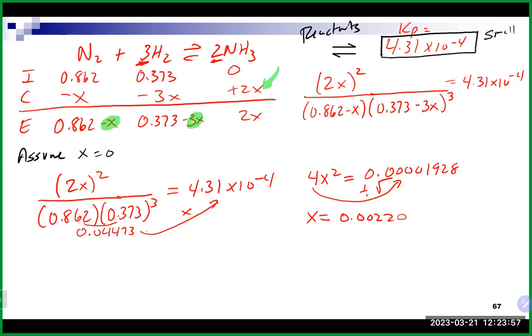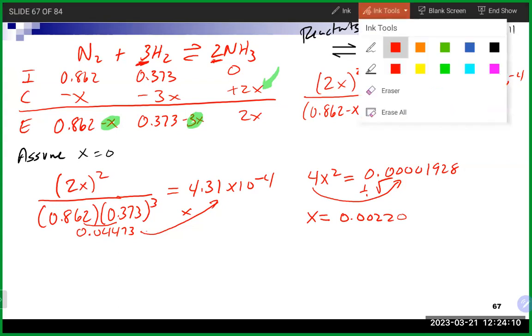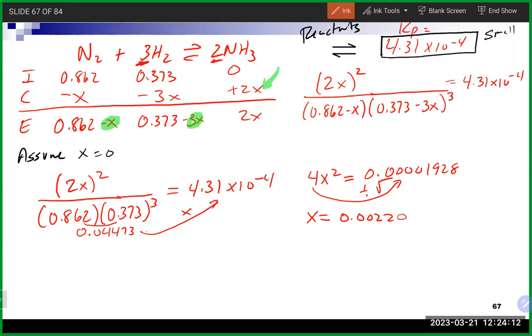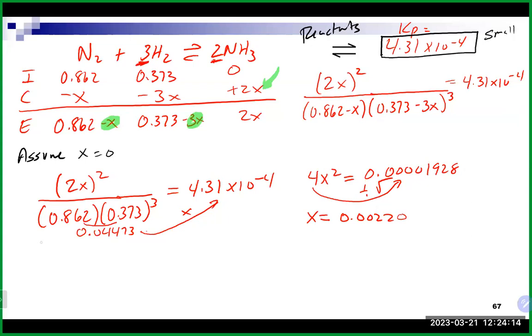Now, because we made the assumption, and whenever you make the assumption in this situation, you do need to check it. So you do need to check your assumption to make sure that it's okay. And the rule that we're going to follow in terms of how we check our assumption is what's sometimes referred to as the 5% rule.